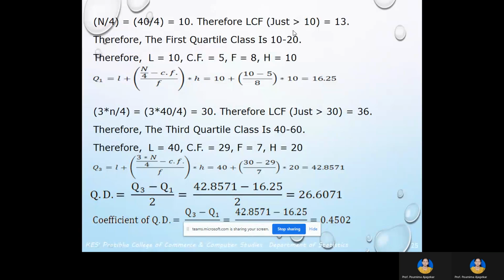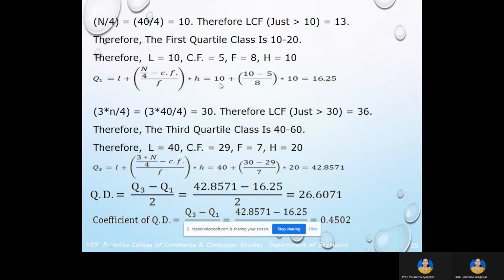Okay, now for that class, the lower limit L is 10, the cumulative frequency of previous class is 5, the frequency of that class is 8, and the class width of that class is 10. So we have the formula for Q1 is L plus (n by 4 minus CF) divided by f into h.